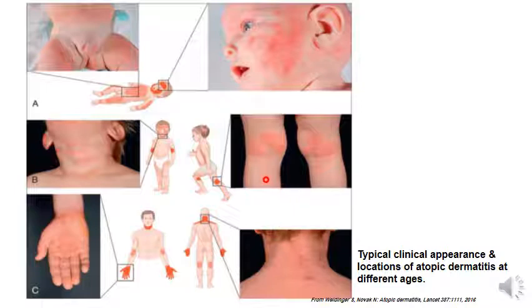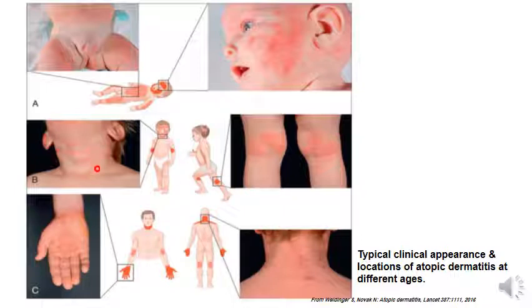Their sites of location depend on the age. So here in the infant, the middle of the face, the medial aspect of the thigh, the napkin area, and the lower aspect of the abdomen. When you get older, including the face, there will be involvement of the elbow and the popliteal region.